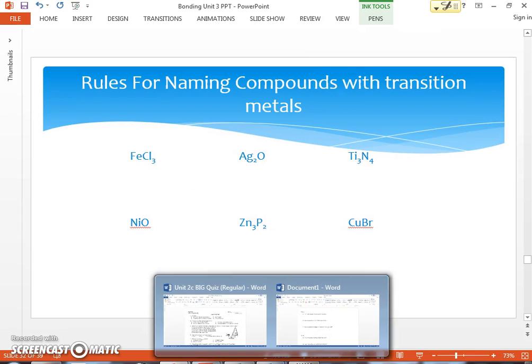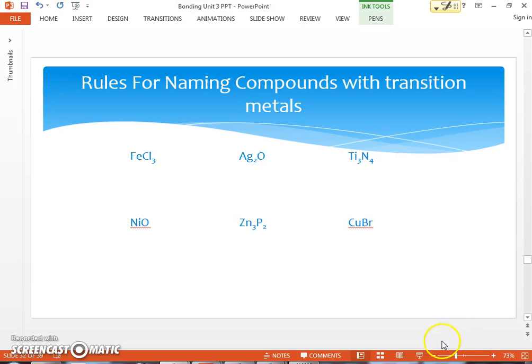So the first one, FeCl3. Well, I'm looking. Fe is a transition metal, so I've got to double check my cheat sheet. Well, actually, how about this? It's not zinc and it's not silver. I'm going to use Roman numerals. So I've got to figure out what those Roman numerals are going to be. This is where I use my clues. My clue is chlorine.